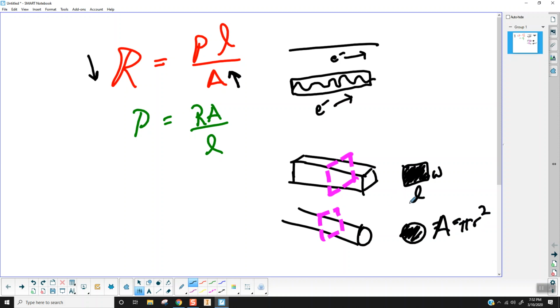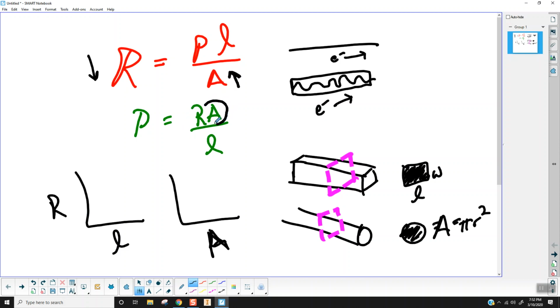Okay. All right, now that I've unpacked this equation, to help us find resistivity, we're going to have to make two graphs. The first graph is where we changed length, and the second graph is where we changed area, or cross-sectional area. And we're looking at how resistance was changing. However, if I look at my equation here, in order to linearize my data, where is this A going to go on my first activity?